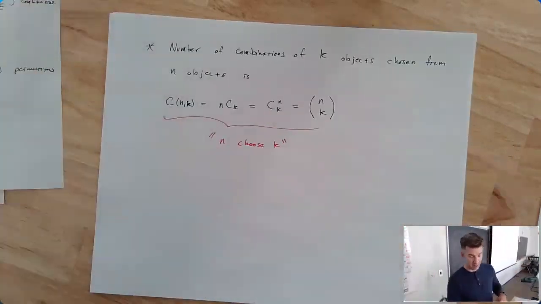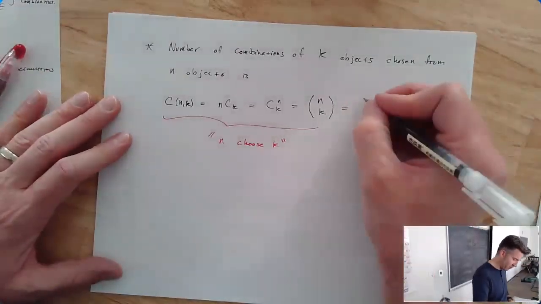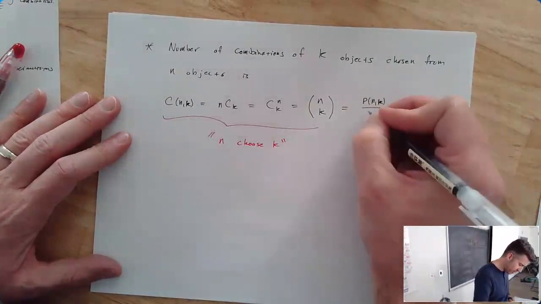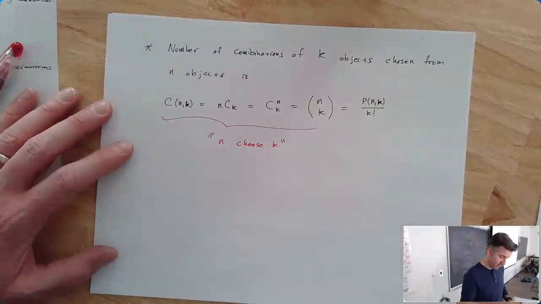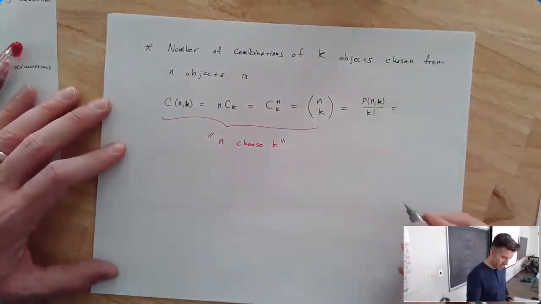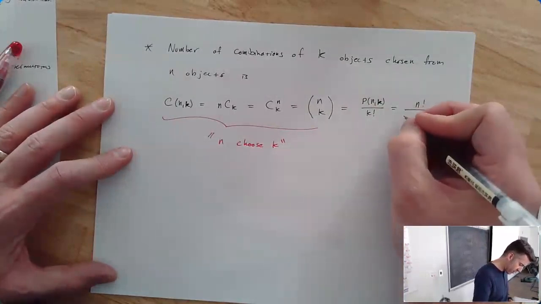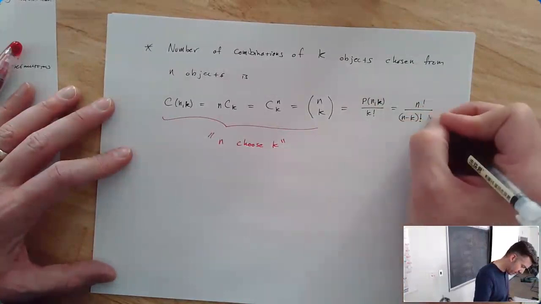It's just N on top, K on the bottom, parentheses around it. This is going to equal the number of permutations divided by the number of ways of ordering the things you're picking, K factorial. But the formula breaks down to being N factorial over N minus K factorial times K factorial.